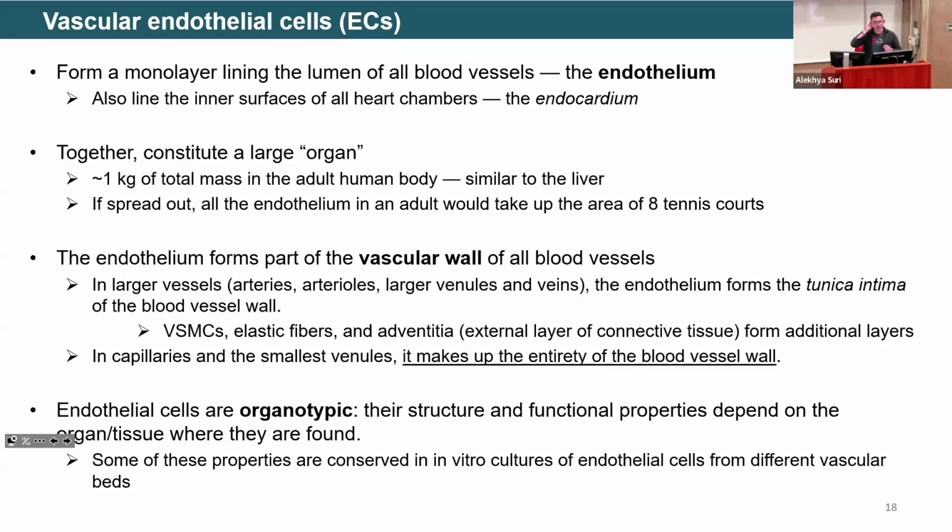Let's put it this way, the barrier that is established between the blood and the brain doesn't necessarily have to be the same as the type of barrier established between the blood and the liver or the blood and the skin, right? Because the endothelium forms that barrier and regulates that barrier function, the endothelium adapts to the organ where it is in order to fulfill its role, right?